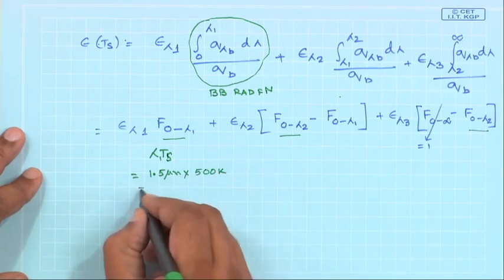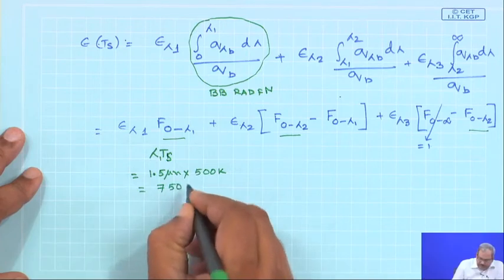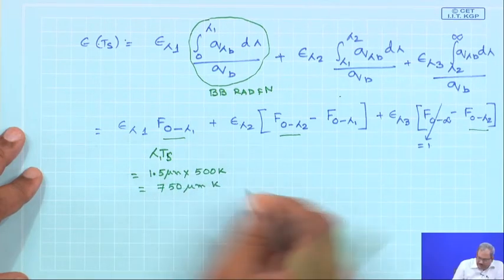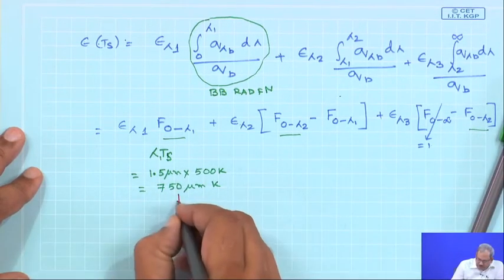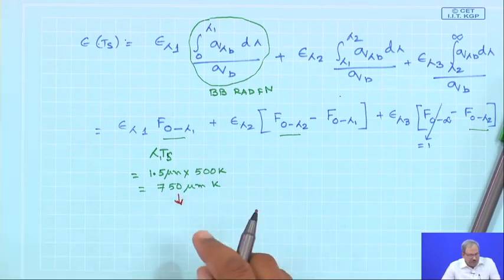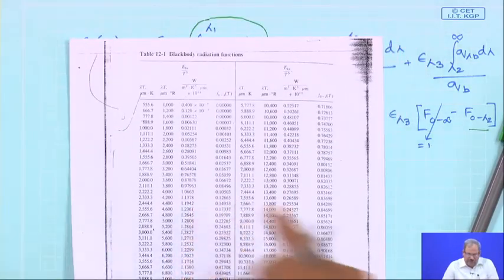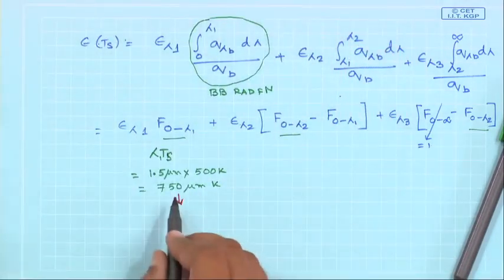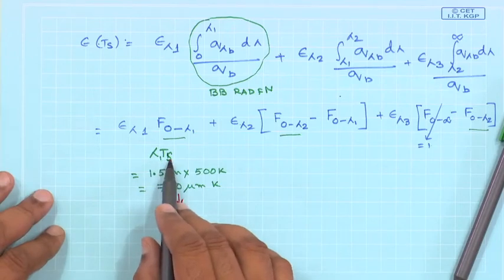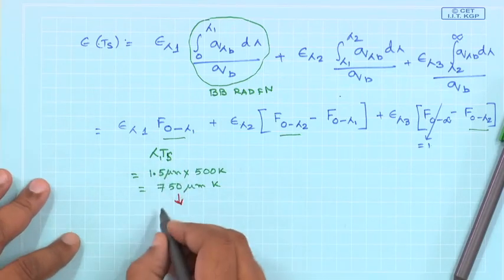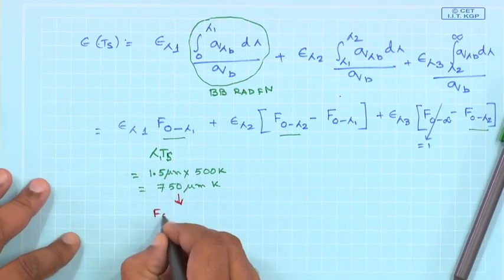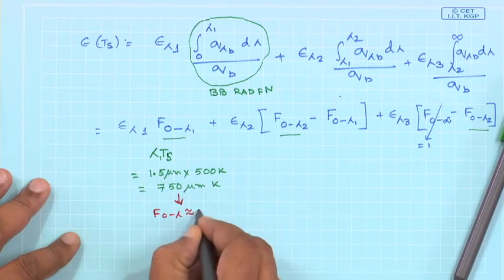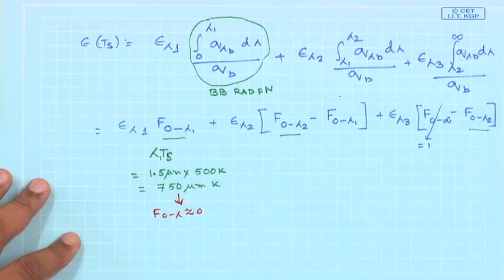So, this total is 750 micron Kelvin, and the corresponding value of f, which you can see from the tables that we have provided in the last class, for lambda Ts equal to 750, the value of f 0 to lambda 1 is approximately equal to 0.